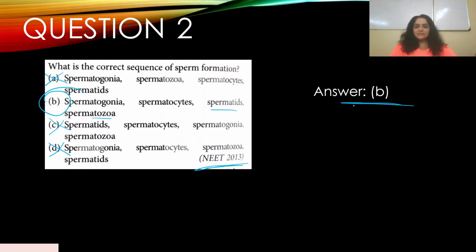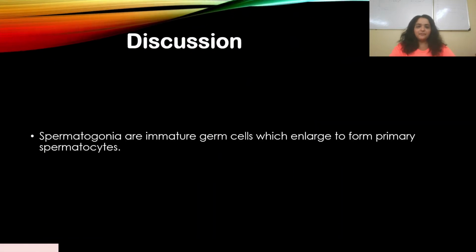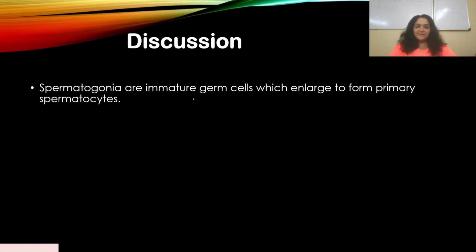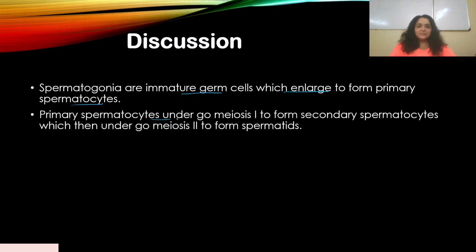I've already explained this in question number 1, so now it's very easy for you to answer this question. You already know what spermatogenesis is. Spermatogonia are immature germ cells which enlarge to form primary spermatocytes. Primary spermatocytes undergo meiosis 1 to form secondary spermatocytes, which then undergo meiosis 2 to form spermatids.